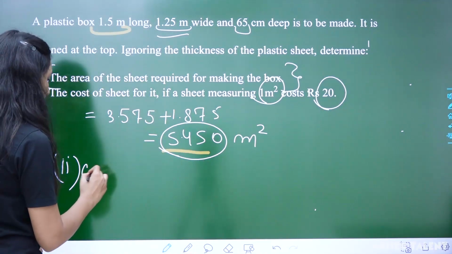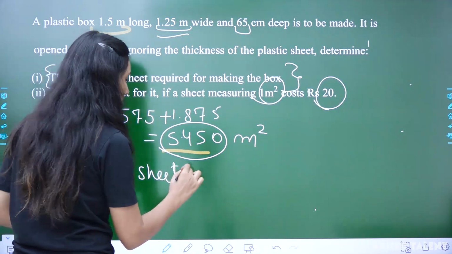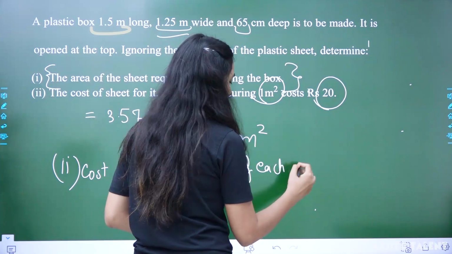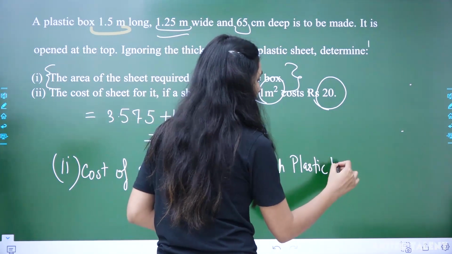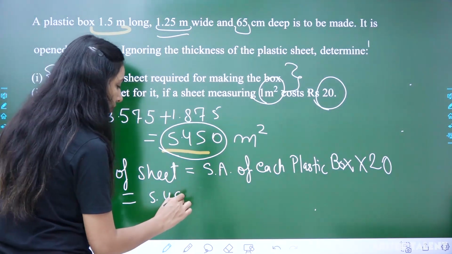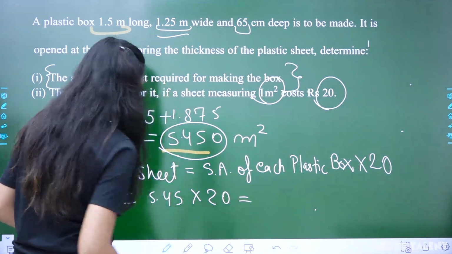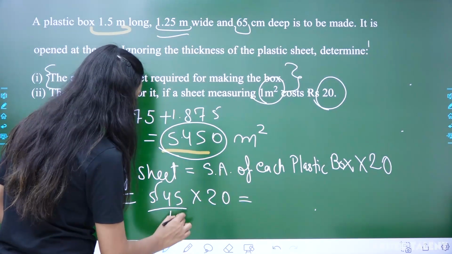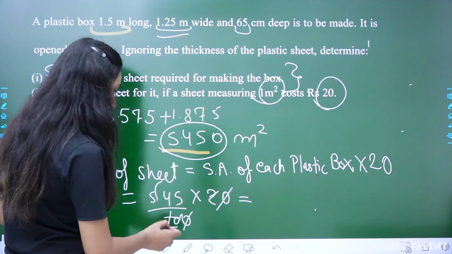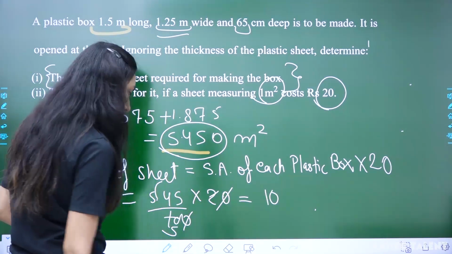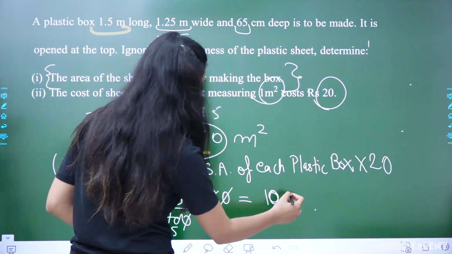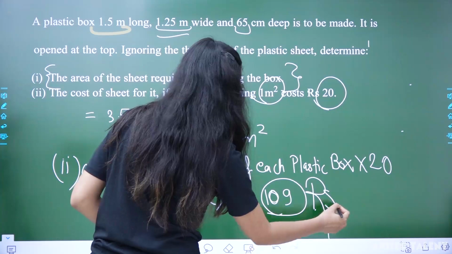Now, cost of sheet equals surface area of each plastic box multiplied by 20, that is equal to 5.45 multiplied by 20, which is 109 rupees.